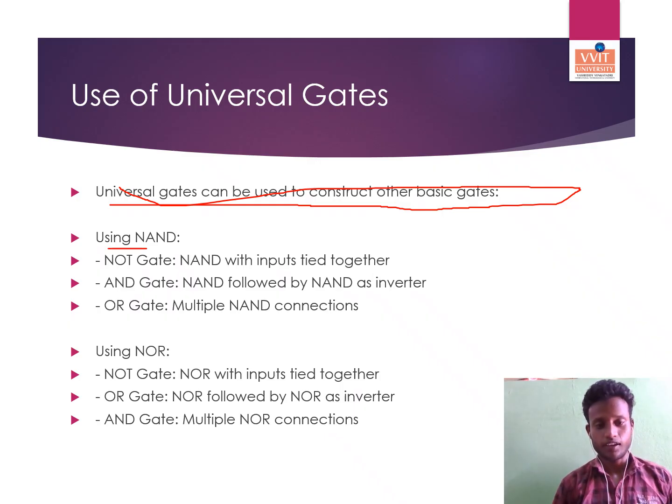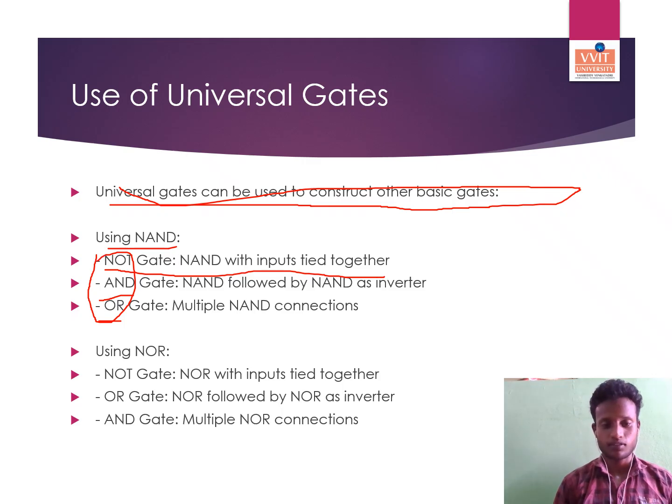By using the NAND gate, we can implement the NOT gate. By using the NAND gate, we can implement the AND gate. By using the NAND gate, we can implement the OR gate. These are the three basic logic gates. Same as that, by using the NOR gate, we can implement the three basic logic gates and also XOR and XNOR gates.